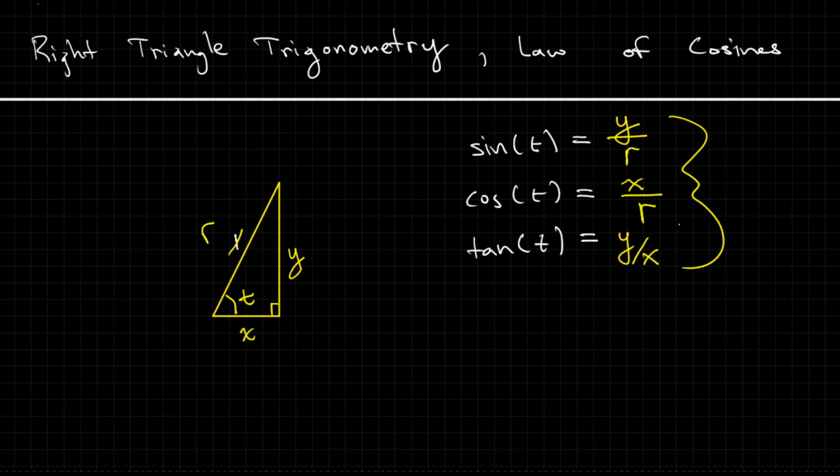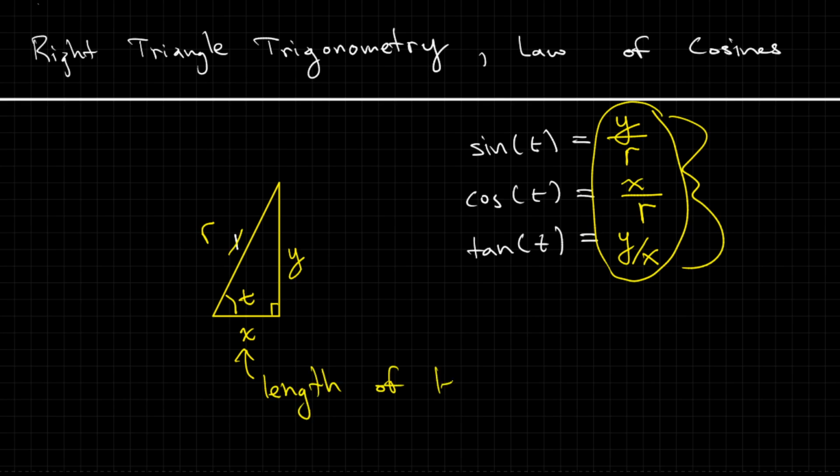Now, very frequently there's some terminology associated with right triangles, and from that terminology we typically write these definitions in a slightly different way. So for the triangle that I have drawn here with this angle t given, we say x is the length of the leg adjacent to t.